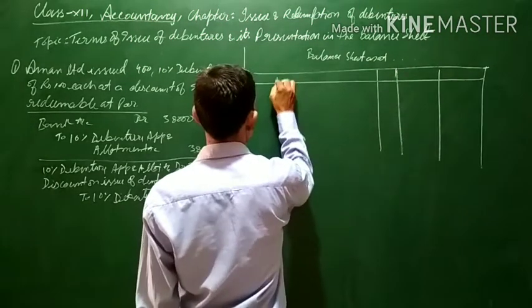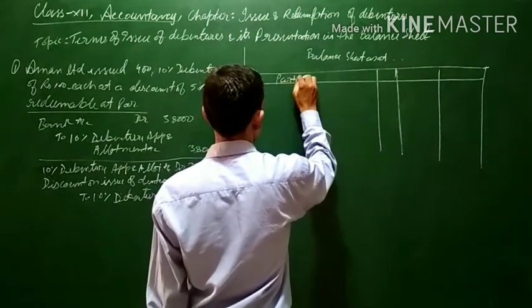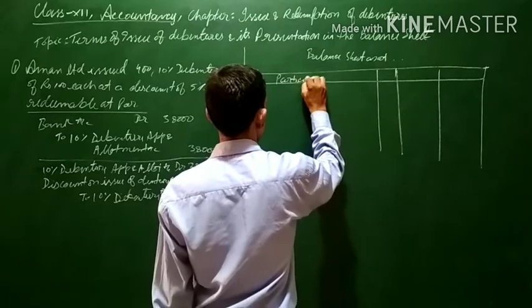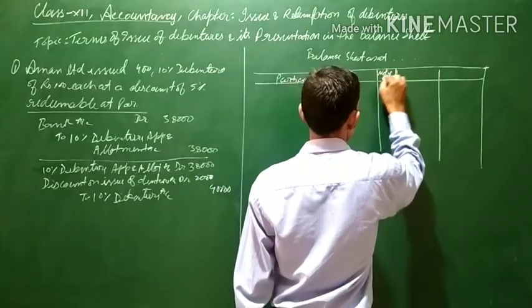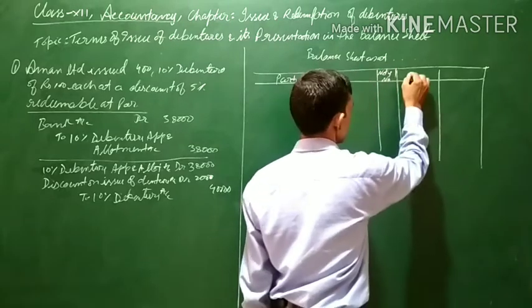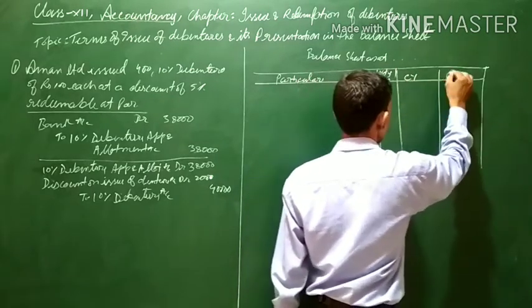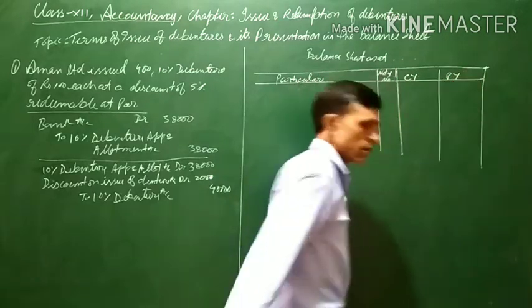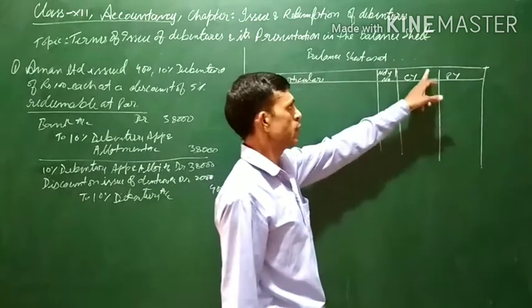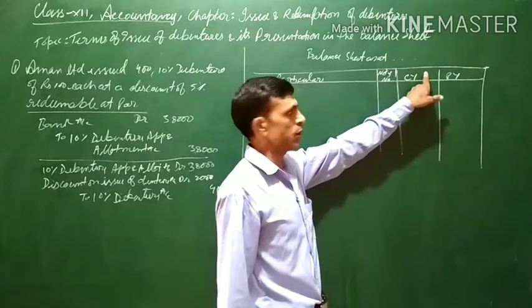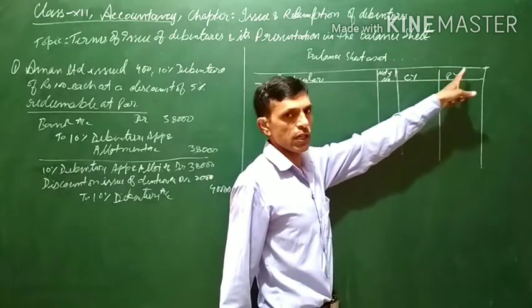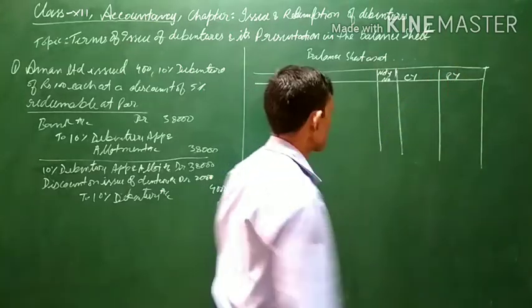First particulars, note number, then current year and previous year. These are the figures. We have to write previous figures as per current reporting period, amount as per previous reporting period.